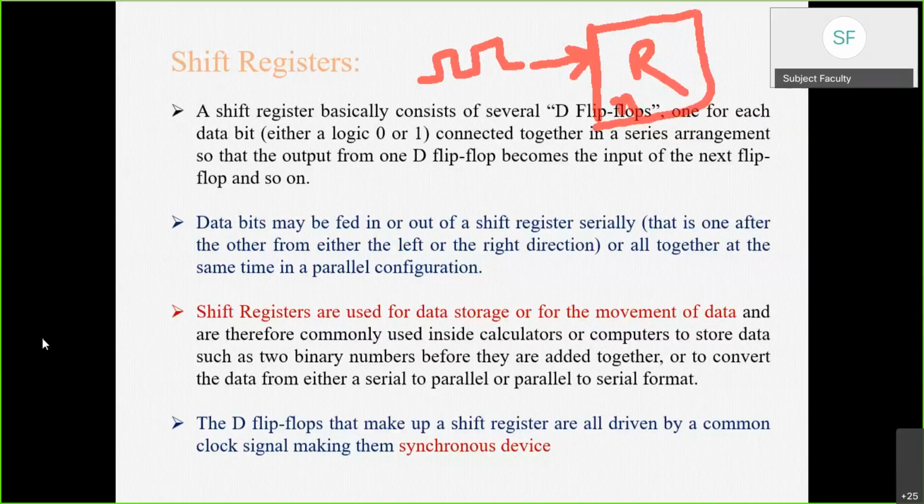But you can also give input parallelly as well. For parallelly, you have to use more inputs. Suppose I have to send three inputs, then how will you send them? You will give the value of each particular input at the same time. Okay. So in the input section also, you can send input either serially or parallelly. Similarly, you can collect output either serially or parallelly.